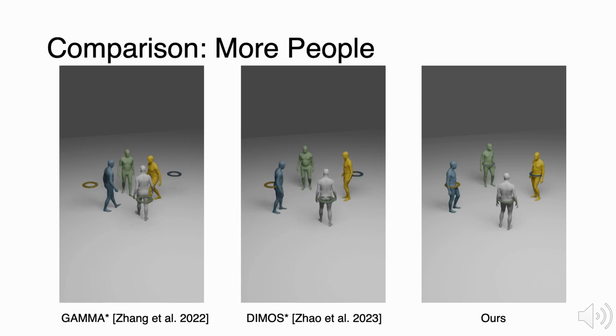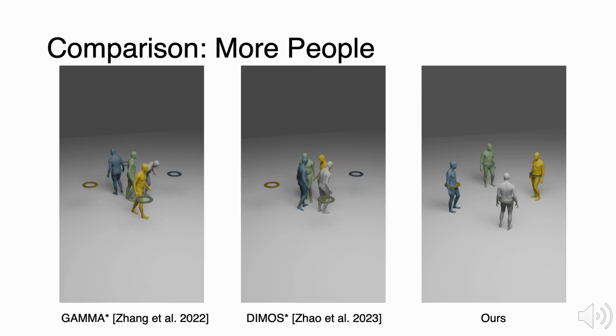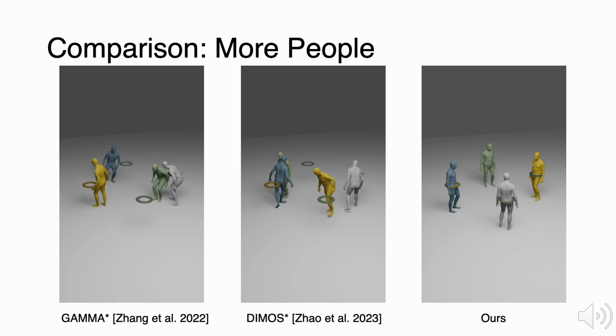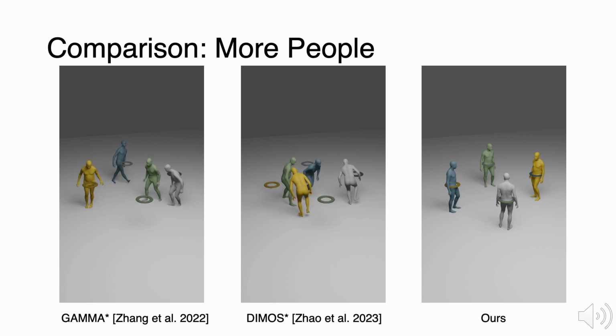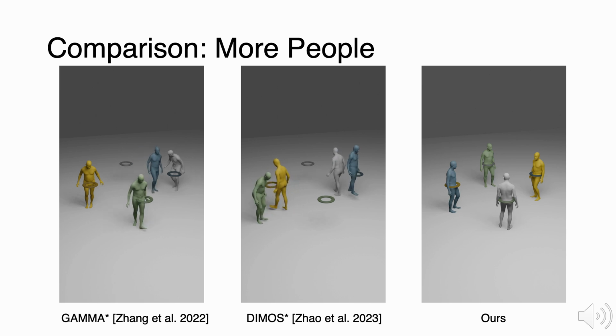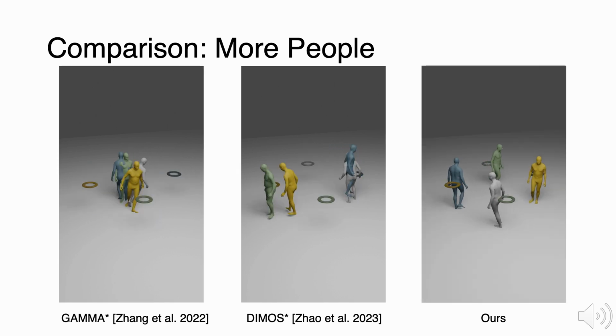In a more challenging scenario involving the synthesis of four people switching locations, previous works struggle. In contrast, our method demonstrates generalizability and higher motion quality.